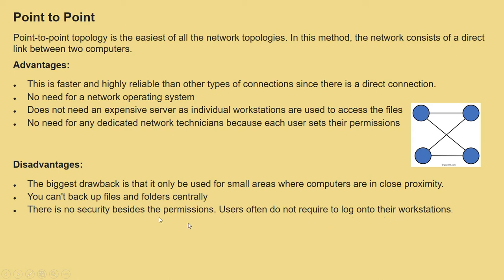So these are the drawbacks or disadvantages of point to point network. The area is limited, only a small area can be covered, there is no backup facility, and there is no security either.